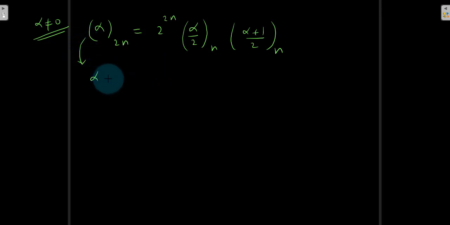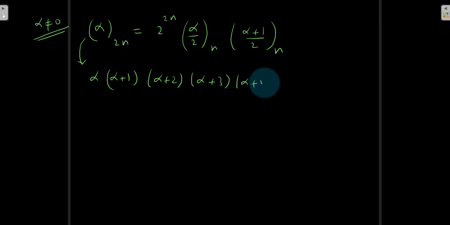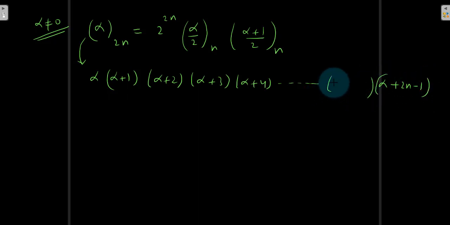Alpha 2n is nothing but alpha, alpha plus 1, alpha plus 2, alpha plus 3, and so on. The last term will be alpha plus 2n minus 1, and the second last term will be alpha plus 2n minus 2.